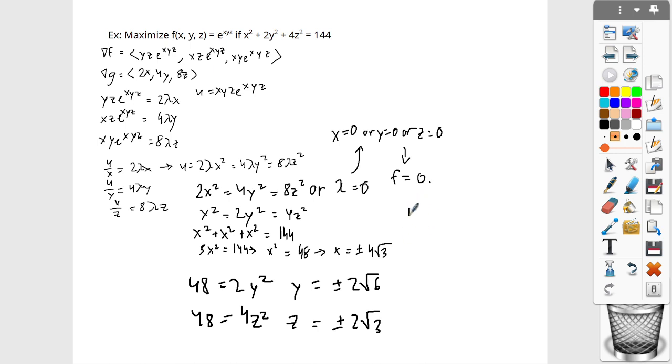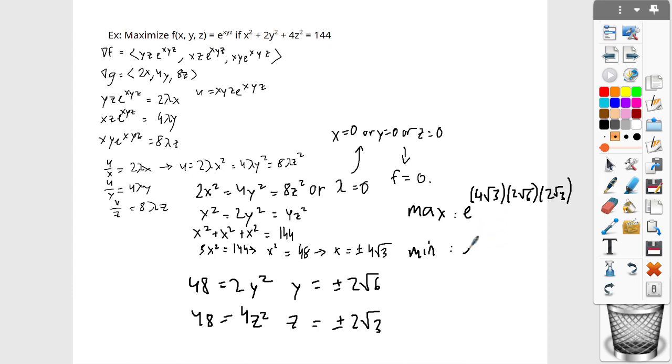So what is the maximum then? It's not 0. The maximum is xyz, which is 4 root 3 times 2 root 6 times 2 root 3. And the minimum is the same thing, but negative.